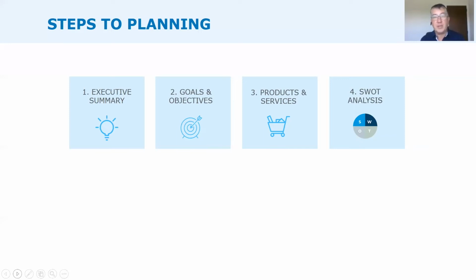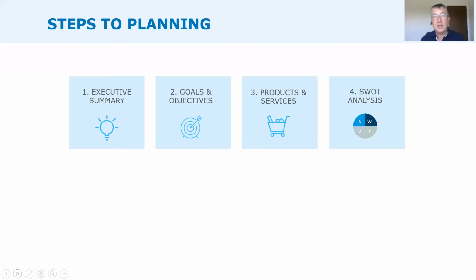The threats, and what are the things that could go wrong, or what are the influences that may impact your business? So these influences could come from central or local government. They could be changing consumer demand, changing ways that the consumers will interact with you or buy from you or seek you out, and making sure that your business is keeping up with those changing trends or consumer demands.